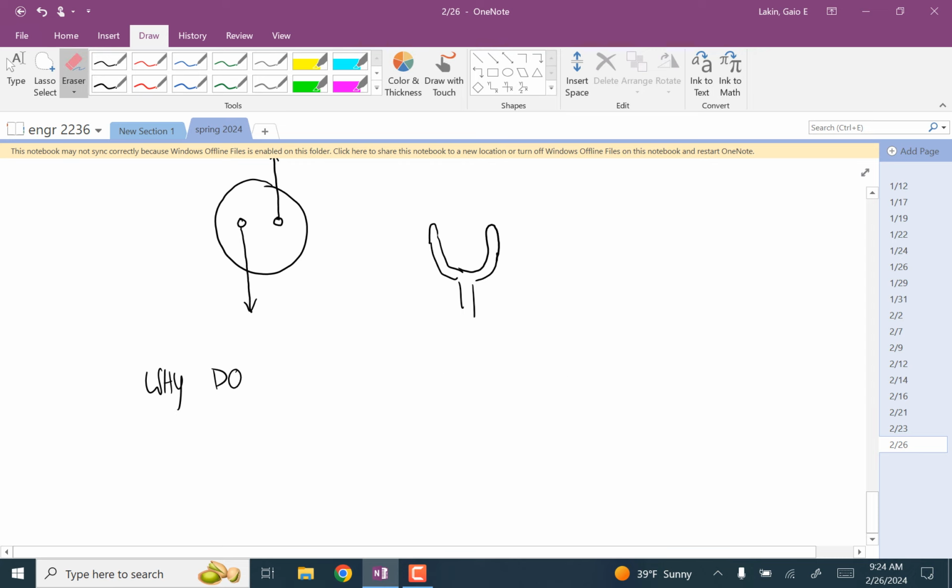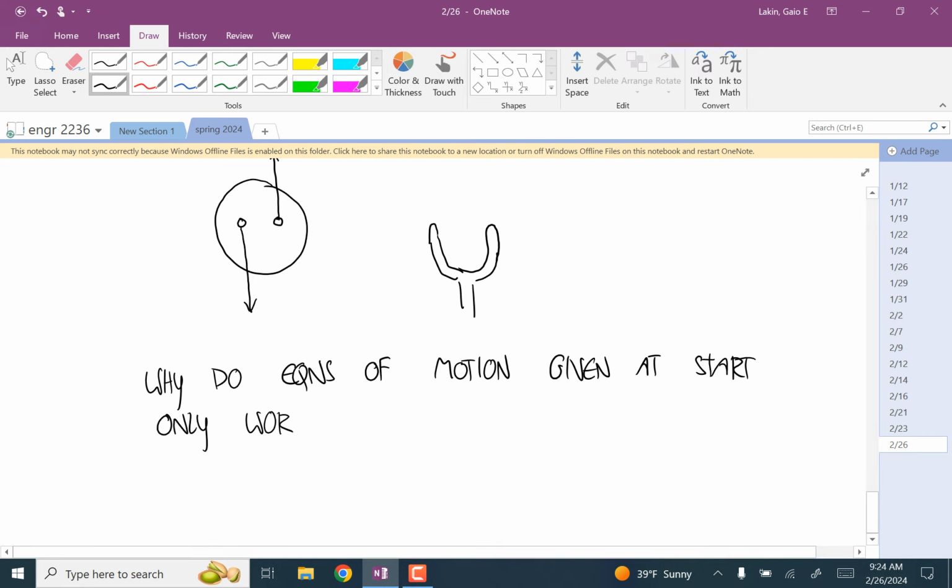Why do the equations of motion given at the start only work for two-dimensional problems?